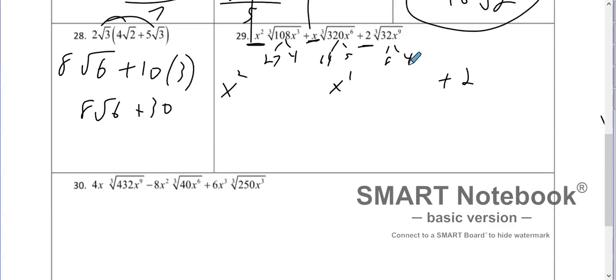So, the cube root of 27, first off, is 3. I'm going to put that in front of the number. Now, I have to deal with this. 3 divided by 3 is 1, so that's going to come out. What's left inside is the cube root of 4. Next one. The cube root of 64 is 4.